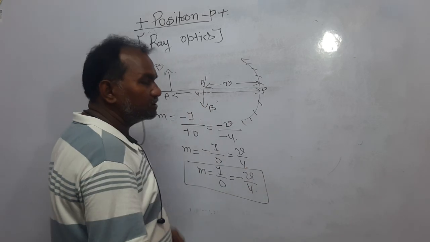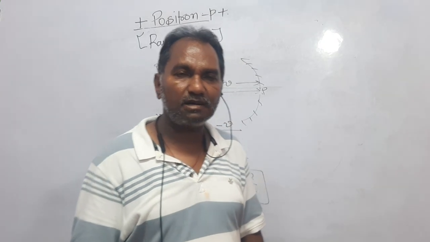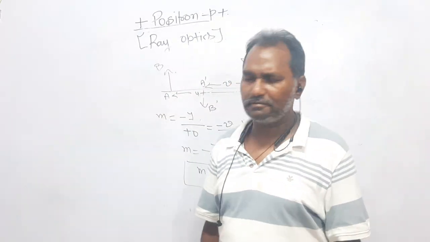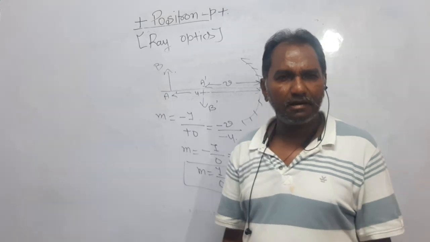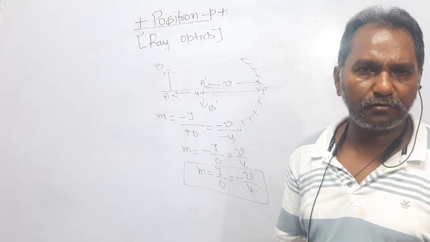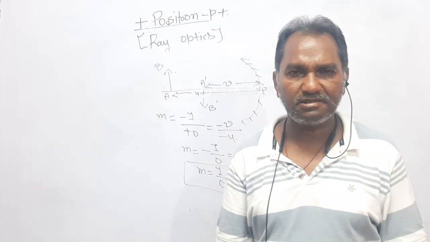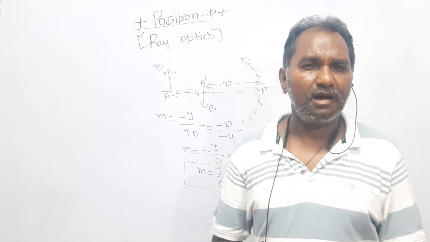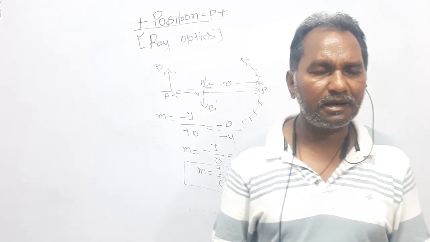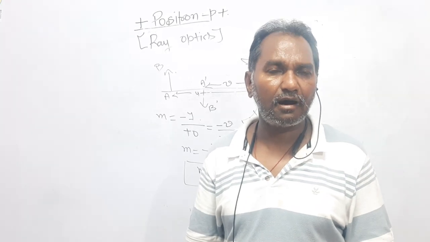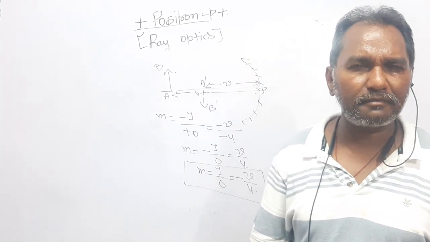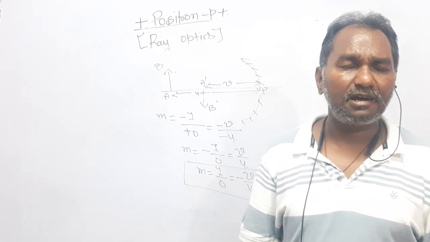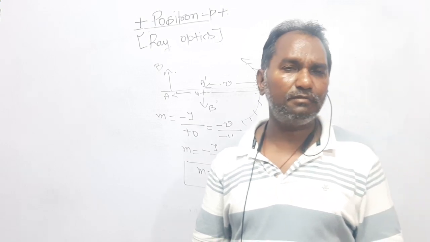This very formula you have to remember, right? This formula we will apply while solving the numerical problems based on the mirror. Whenever you have to find out the magnification, size of object, size of image, the question might be asked that a concave mirror has a focal length of 20 centimeter and an object of height 1 centimeter is kept 30 centimeter away from the mirror, then where the image will be formed and what will be the size of image?